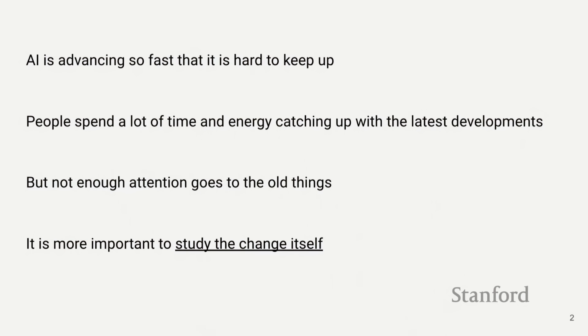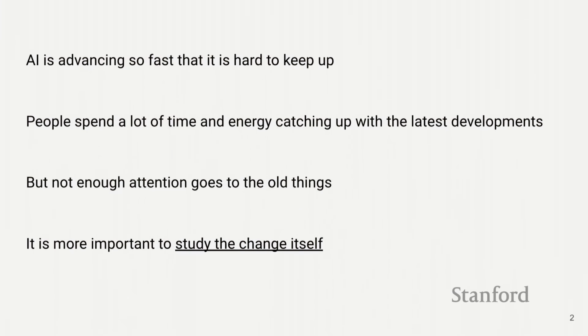But I think it's important to look into that, because when things are moving so fast beyond our ability to catch up, what we need to do is study the change itself. That means we can look back at the previous things and then look at the current thing and try to map how we got here, from which we can look into where we are heading.